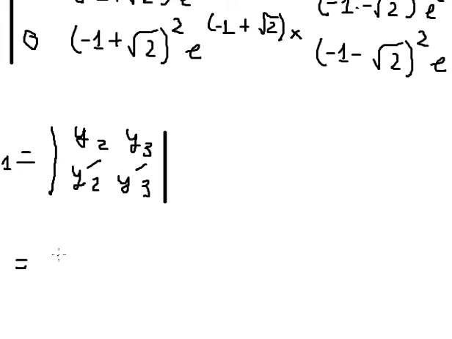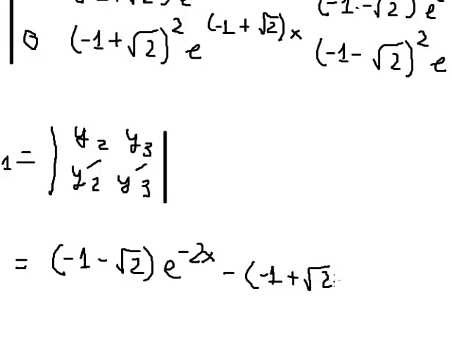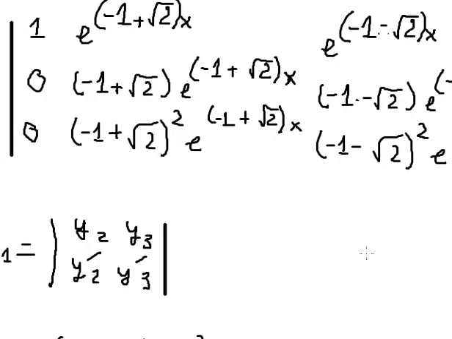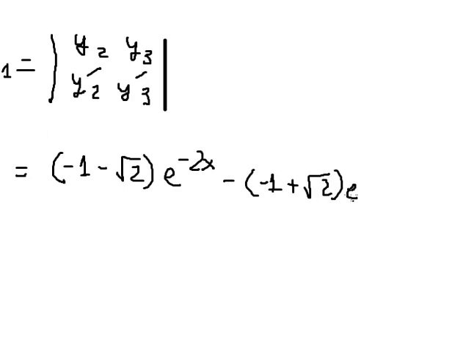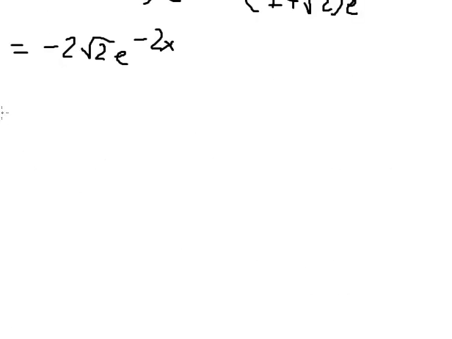So that should be negative 1 minus the square root of 2 e to the power of negative 2x, minus negative 1 plus the square root of 2 e to the power of negative 2x. So we simplify, that is negative 2 times the square root of 2 e to the power of negative 2x.